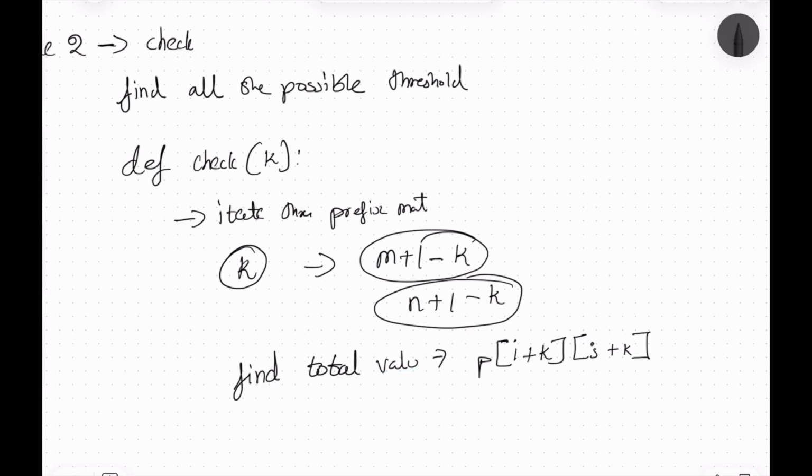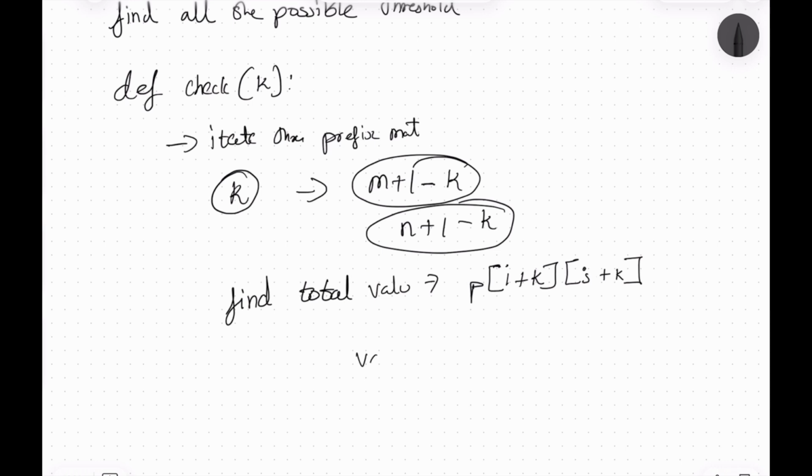So now we calculate the value which will be total, and we check with a threshold less than or equal to threshold.